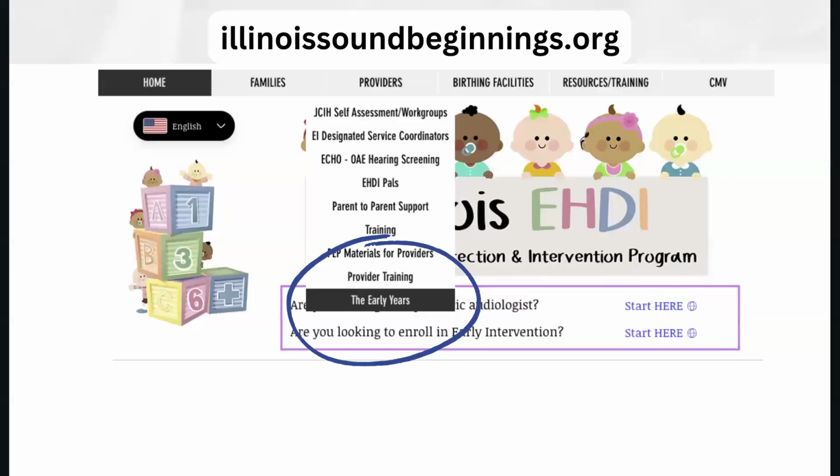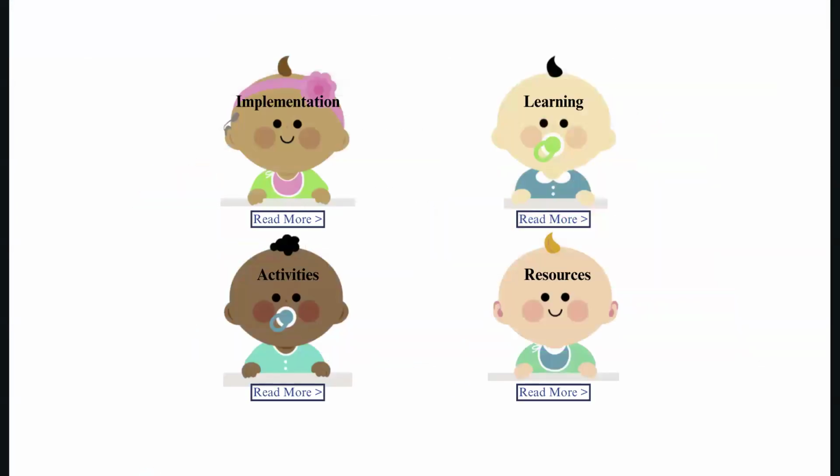First, you will go to illinoissoundbeginnings.org, and then on the top, you will go over to the provider section and you will scroll down to the early years. Then you will find this page. The developmental milestones are in the learning section along with the videos. Fostering development handouts are in the activities section.